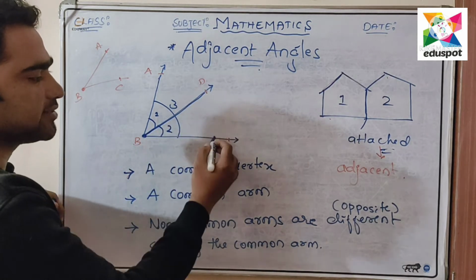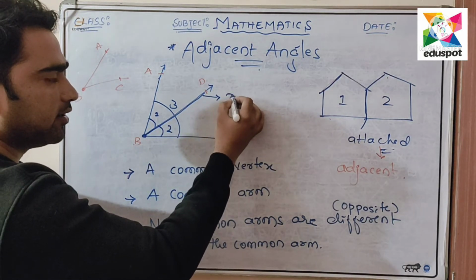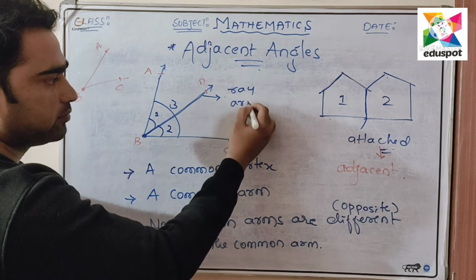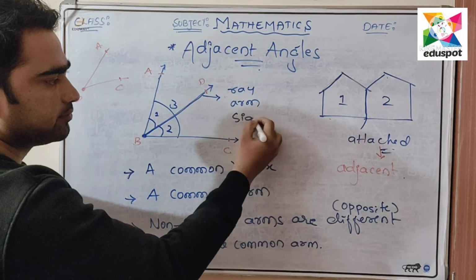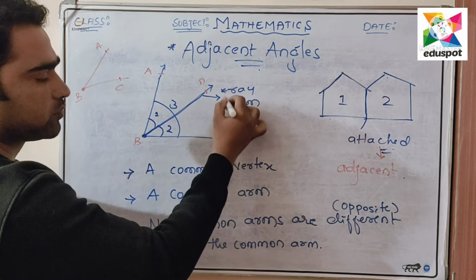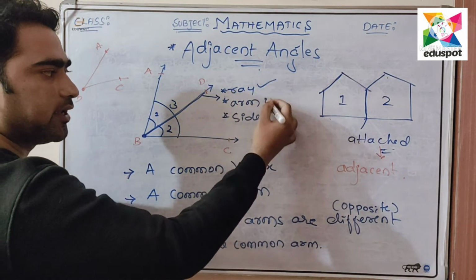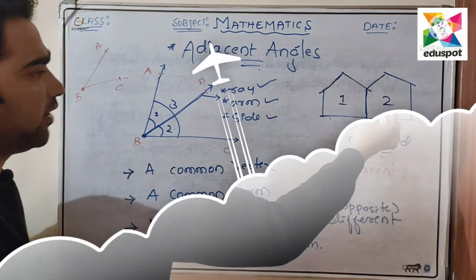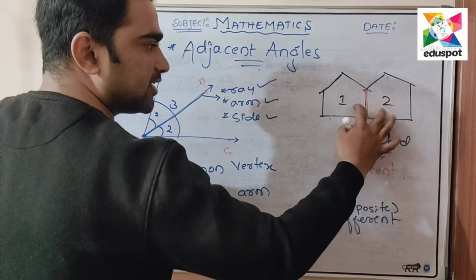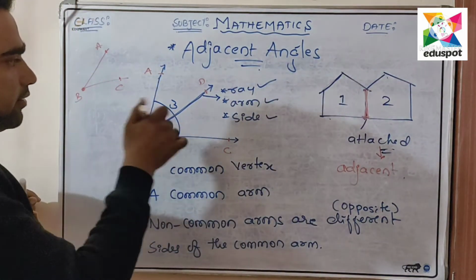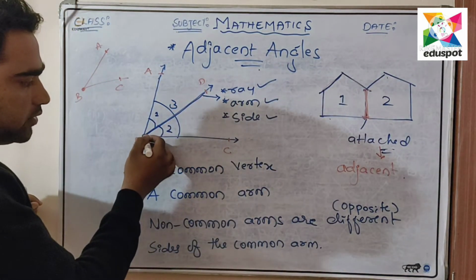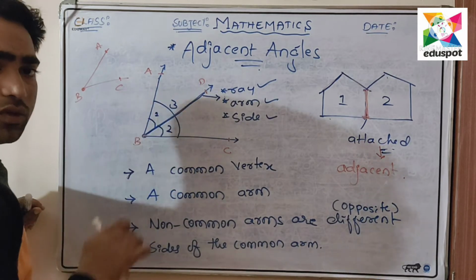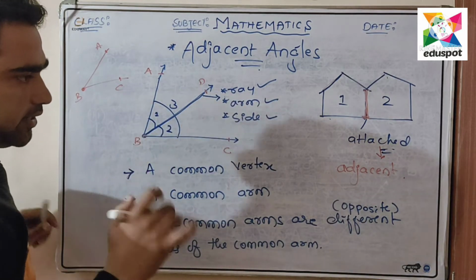You can call it a ray, arm, or side, all the same. This wall is common for attaching two homes. Similarly, here this arm is common, joining these two angles, right?